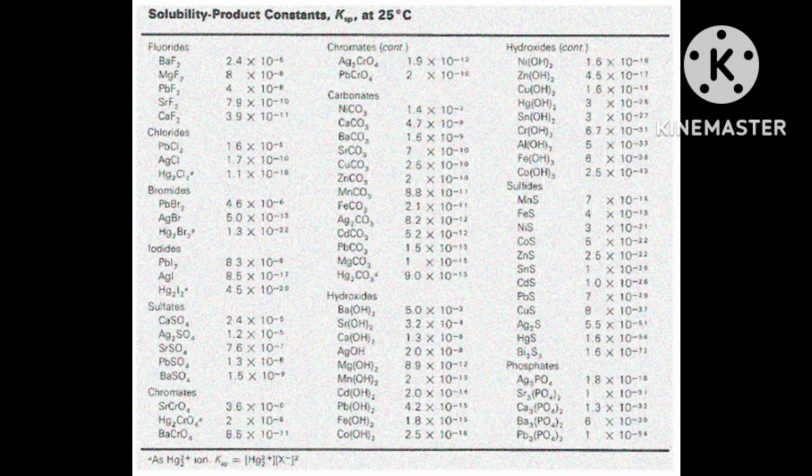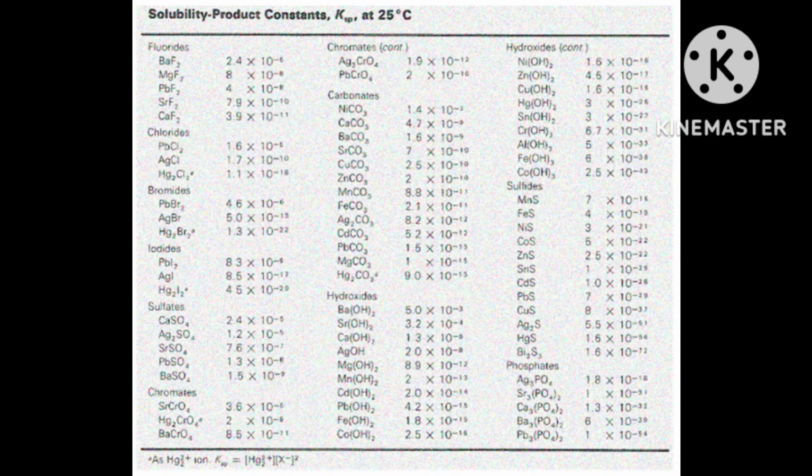For silver cyanide, 6 into 10 to the power minus 17 is equal to S1 square.